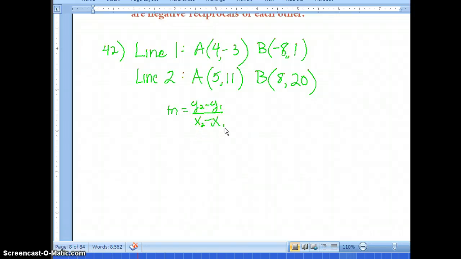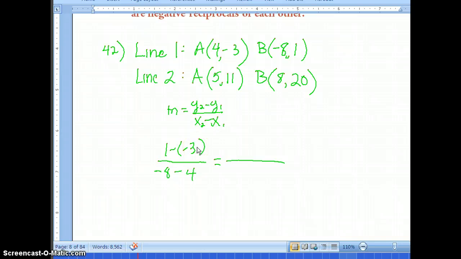And what I would like for you to do here is to put the slope of line 1 on the left and put the slope for line 2 on the right. Good old school bells, got to have those. Line 1, if you do this properly, you get 1 minus negative 3 over negative 8 minus 4.